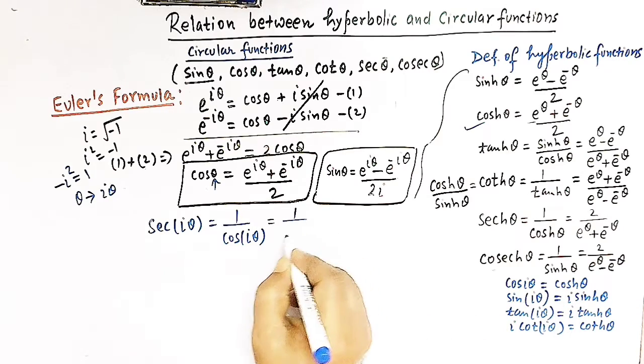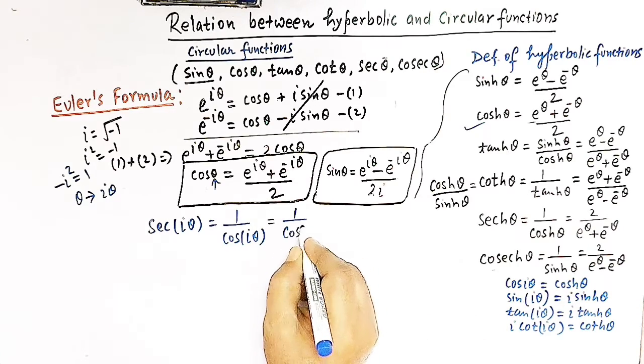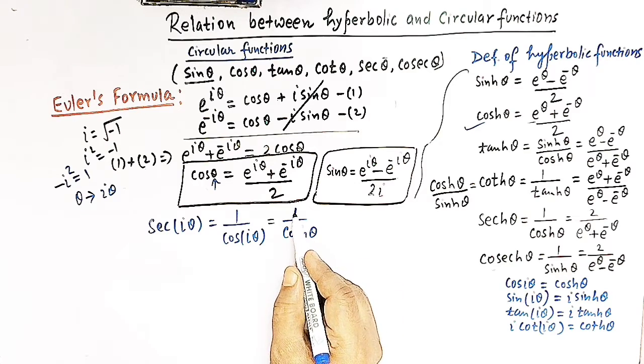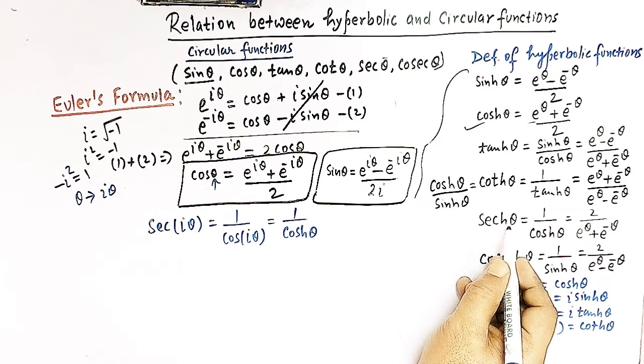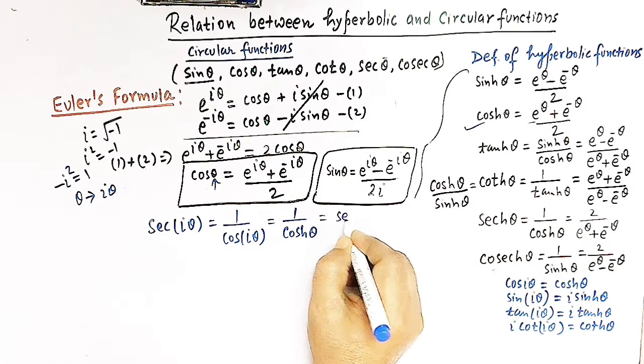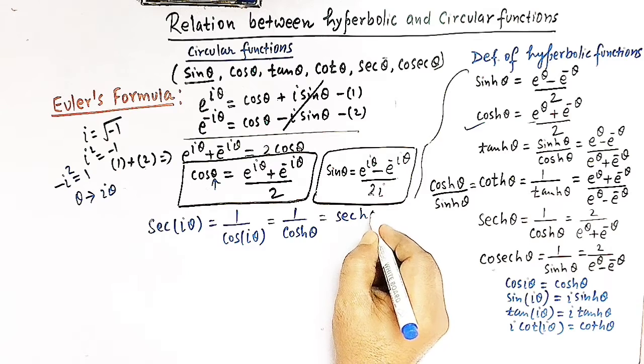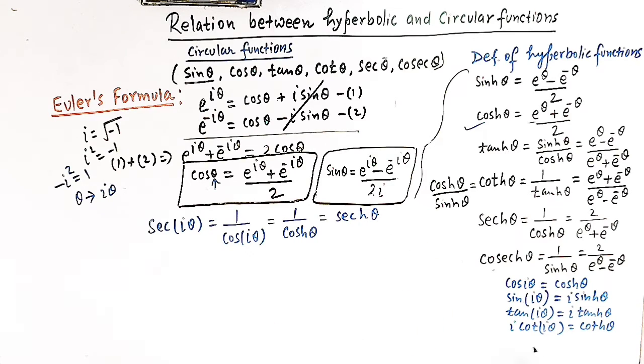So we have 1 over hyperbolic cosine of theta, and 1 over hyperbolic cosine of theta is equal to hyperbolic secant of theta. So here we have hyperbolic secant of theta. So now we have another relation here. So secant iθ is equal to the hyperbolic secant of theta.